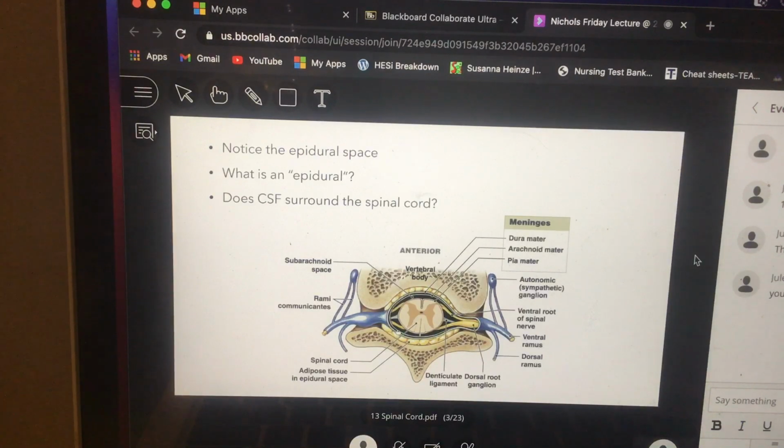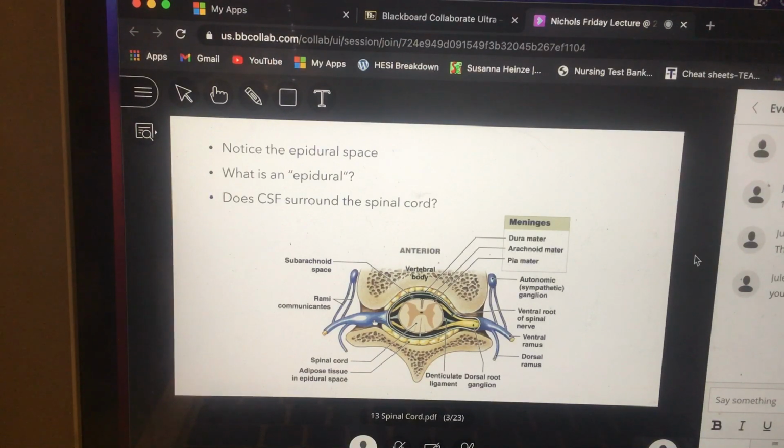You'd need the needle to actually go through the dura into this space down here to pull cerebrospinal fluid out. But if you're just delivering anesthesia into the epidural space, it just kind of goes into the fat tissue, but it doesn't affect the spinal cord, but it can affect sensation and movement with these spinal nerves that come out of the spinal cord.